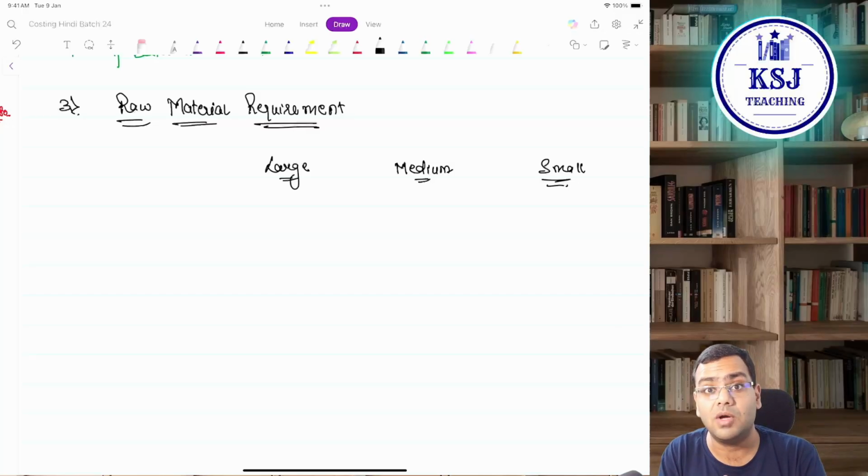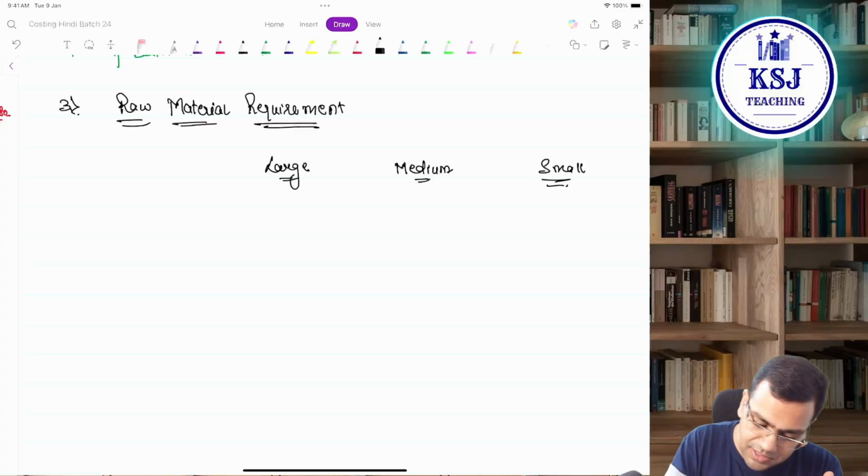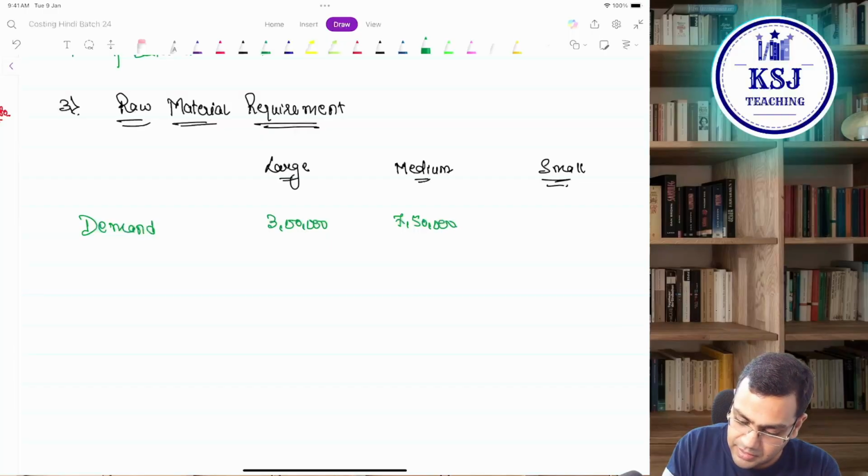The raw material requirement is dependent upon the number of units to be produced, and the number of units produced is dependent upon the demand for the product. So we will start with demand. Large bottles 3 lakh, medium 7,50,000, and small is 20 lakhs.